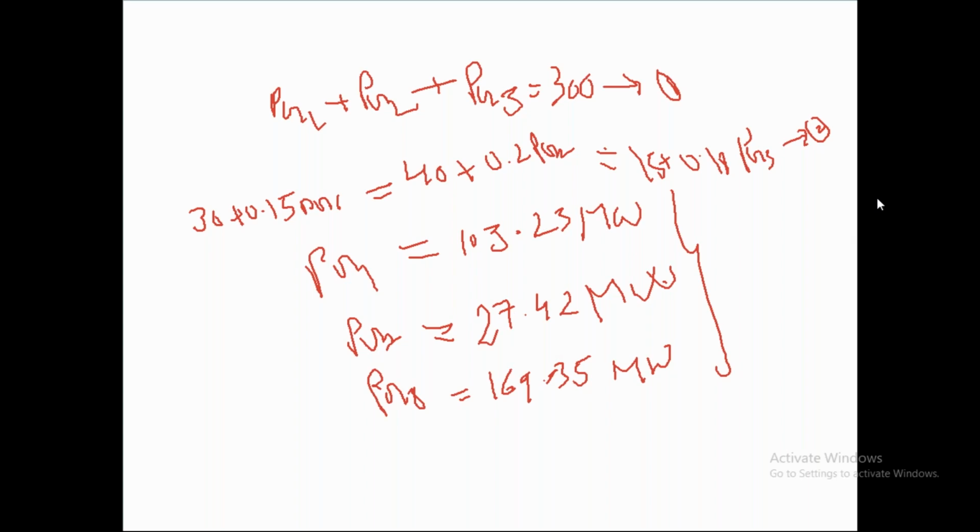So the first one is Sam. I am entering the values in the chat box. Just see that. So that one is the Pg1 value. Pg2 value.